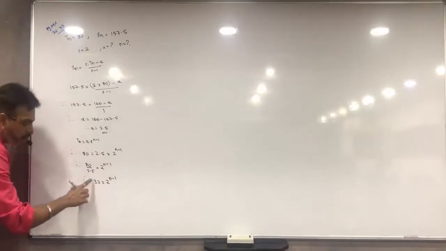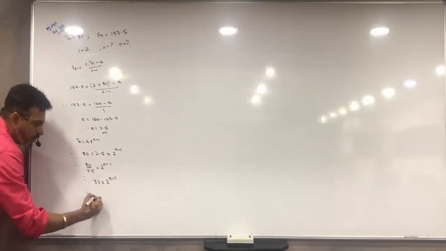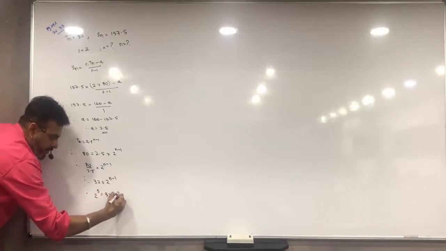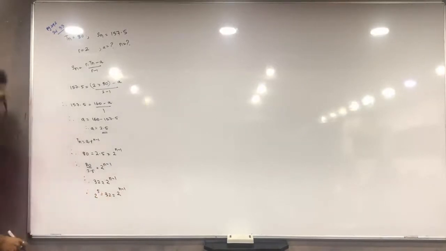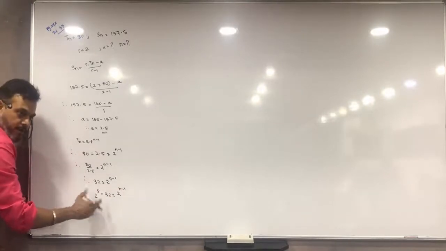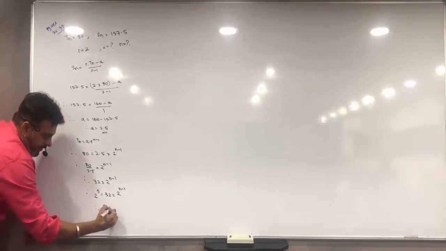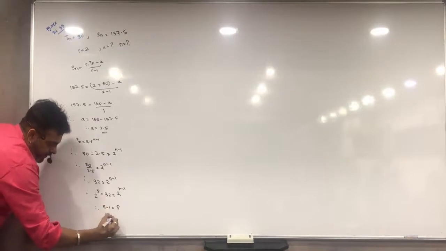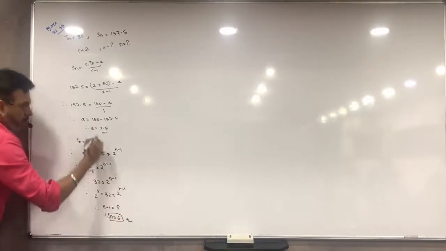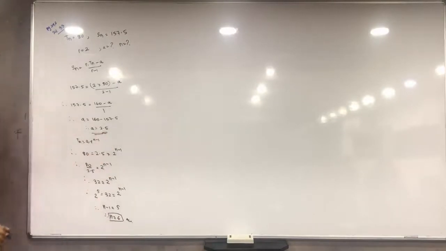Now 2 raised to how much is 32? 2 raised to 5 is equal to 32, which is equal to 2 raised to n minus 1. Pay attention to the board. Therefore, can I say n minus 1 is equal to 5? Therefore, n is equal to 6. We found A, we found n.